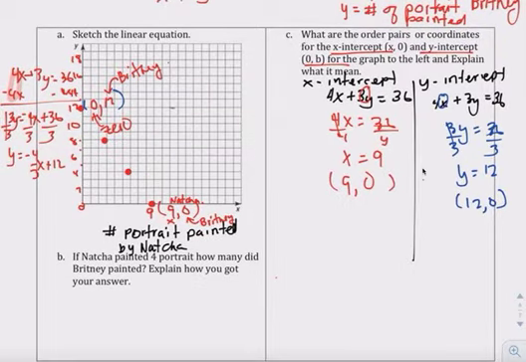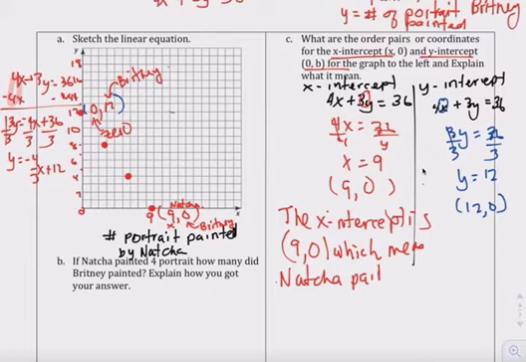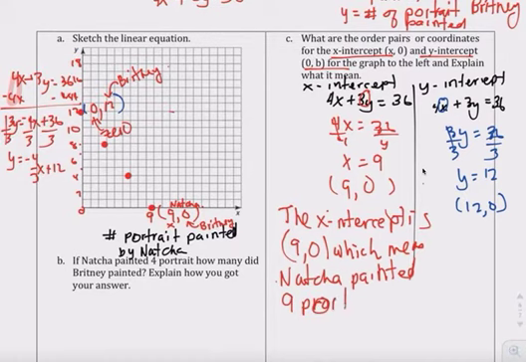That's how you explain. Right here you'd say Nacha. The x-intercept is 9, 0, which means Nacha painted 9 portraits, and Brittany painted 0.